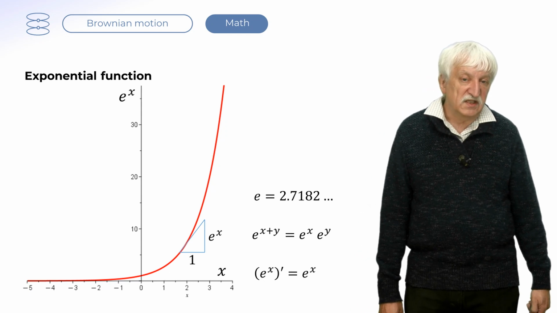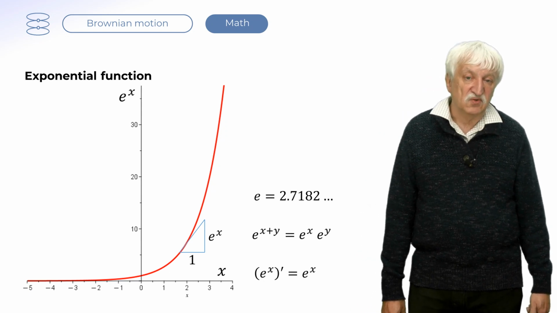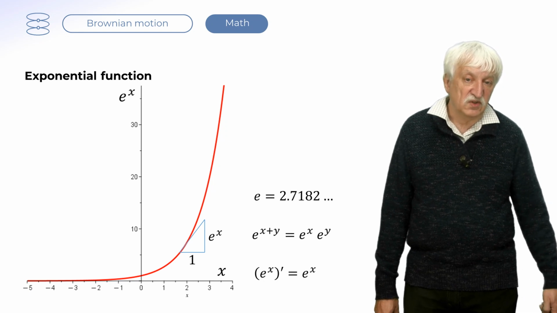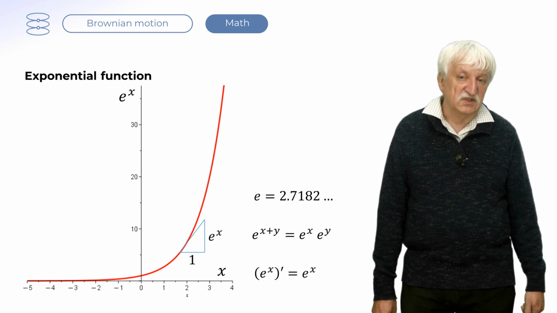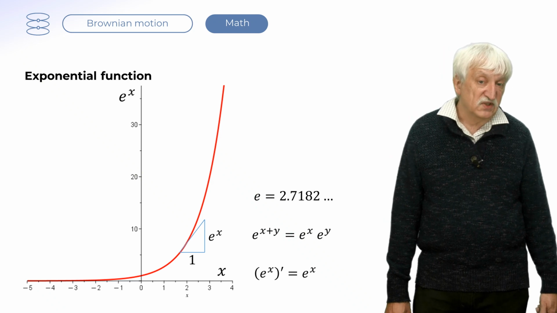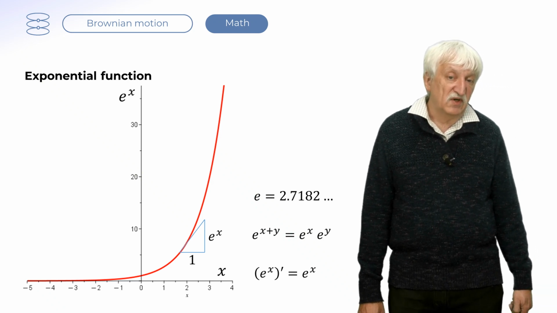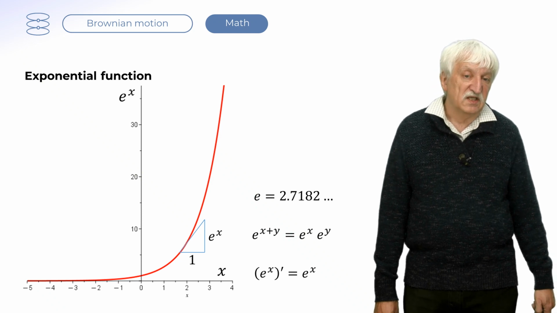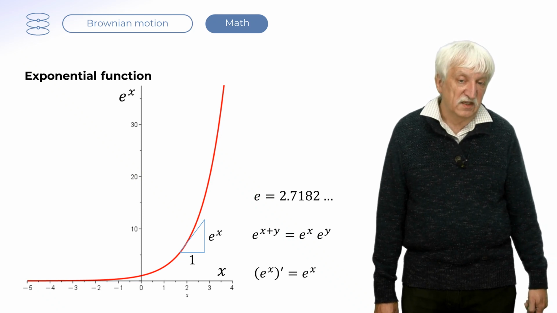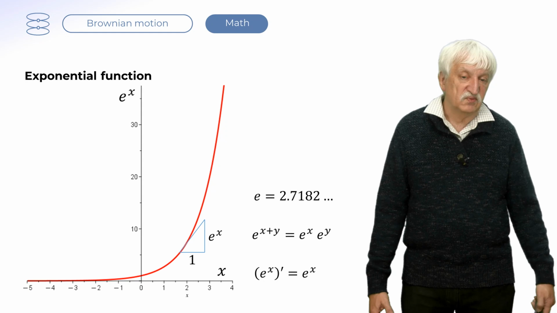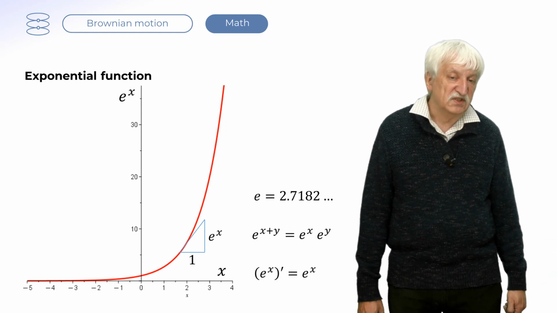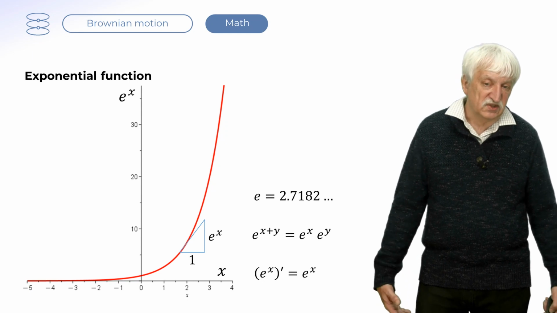First of all, e is a constant, 2.71 and so on, and this function has the following property: e to the power x plus y is e to the power of x times e to the power of y. And the most important for our purpose is that the derivative of this function is this function itself.